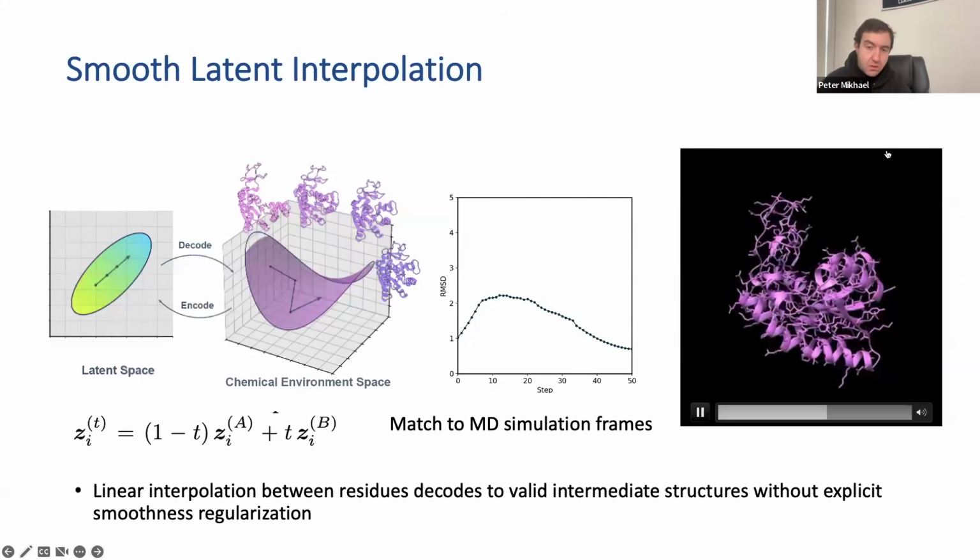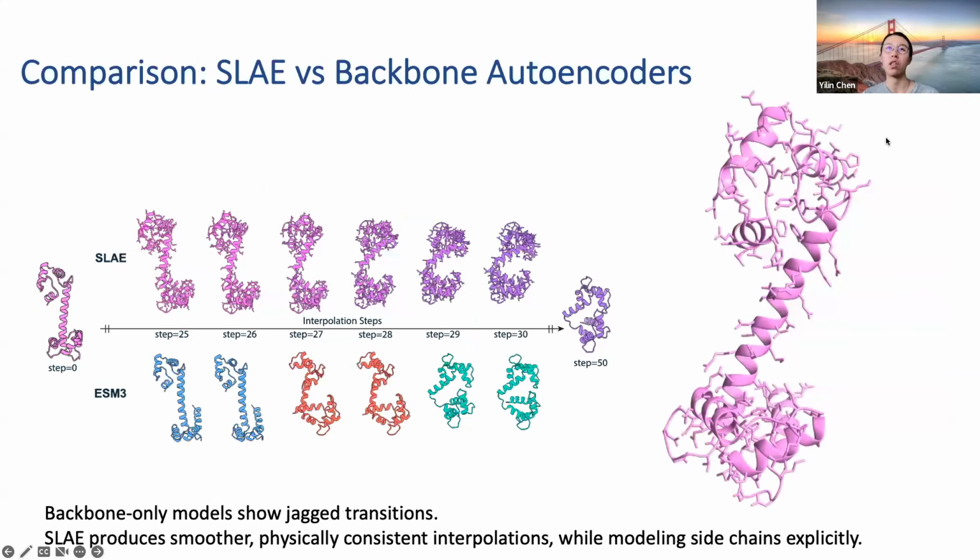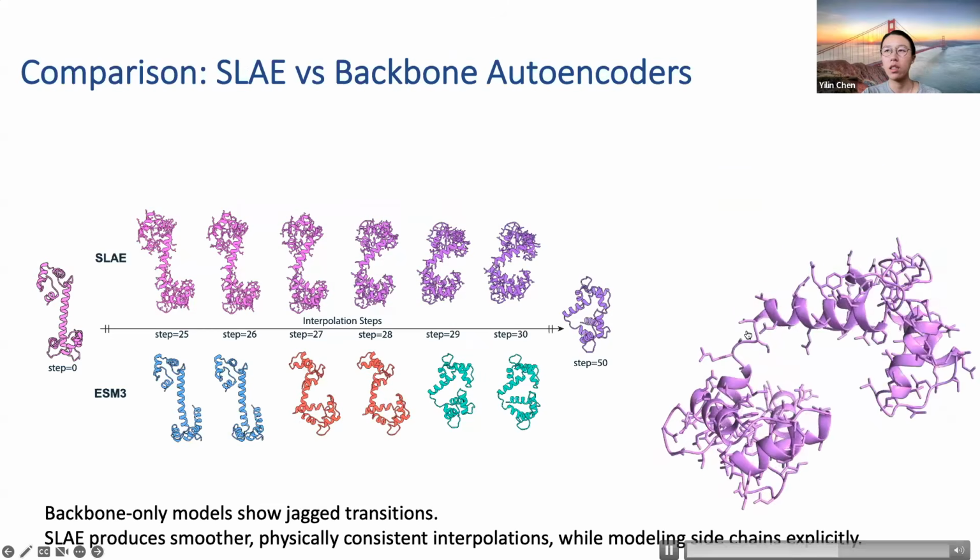Sure. But I would also compare this to local backbone autoencoders, for example the one used in ESM3. So we do the same experiment. This is calmodulin, and we interpolate, and the SLAE looks good, it's smooth, like played in the video on the right.